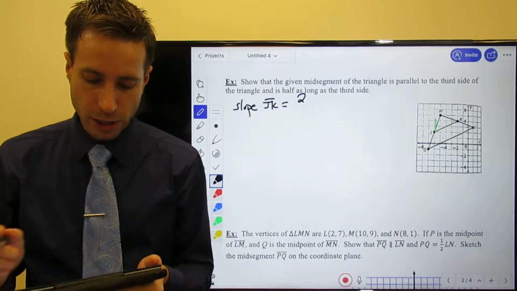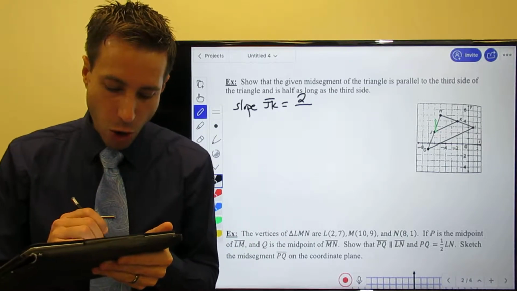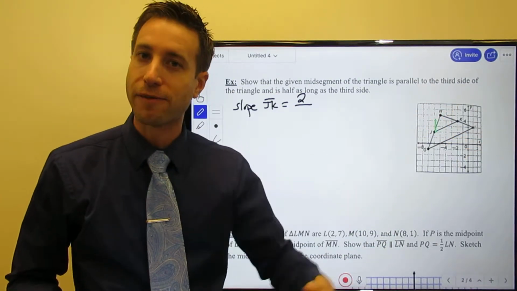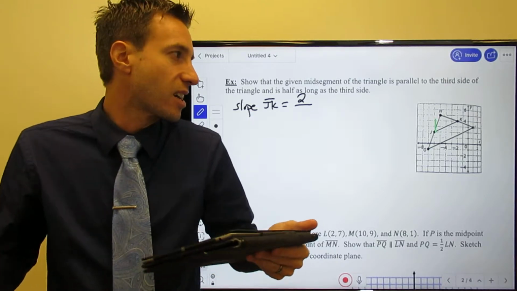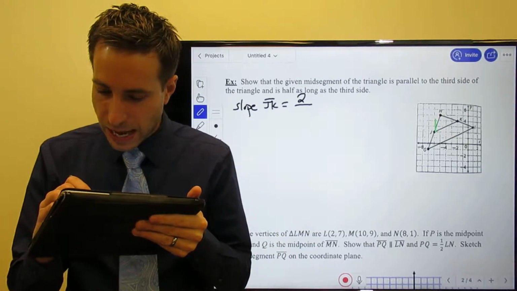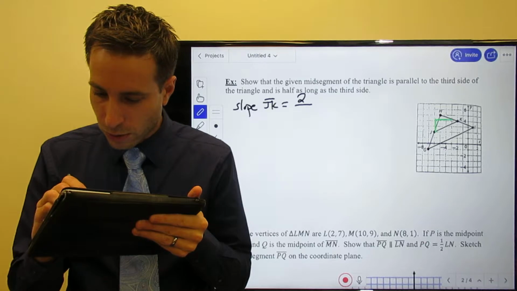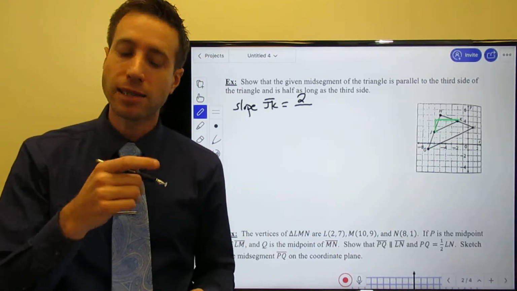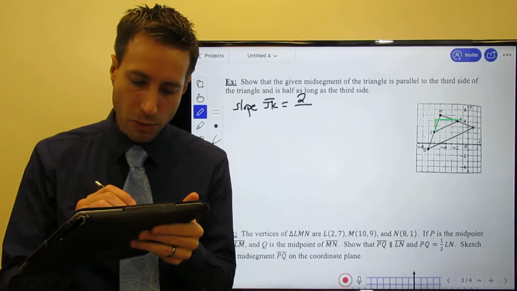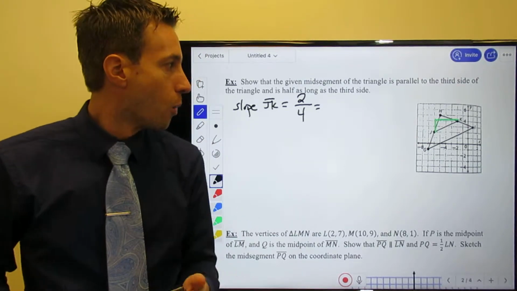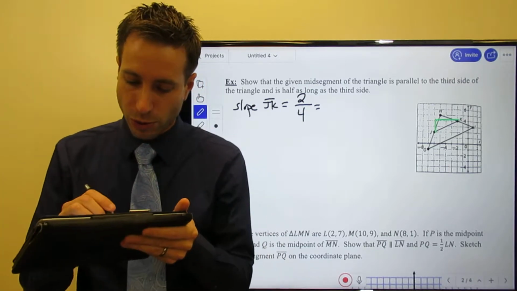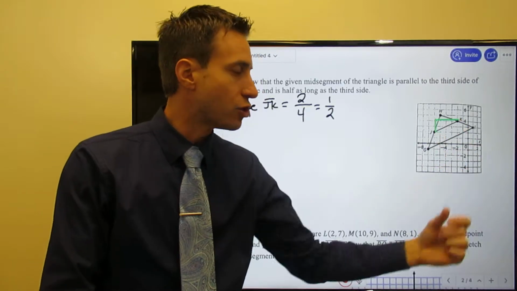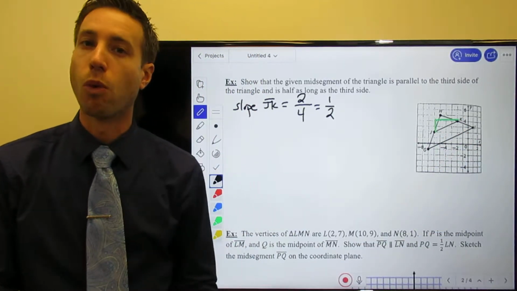Now I need to figure out how far horizontally I have to go to get to K. Again, it's on a coordinate plane, so you should be able to just count. 1, 2, 3, 4. I had to go 4 units in the positive direction horizontally, so my run is 4. Well, 2 over 4 will simply reduce to 1/2. What that tells me is that my mid-segment, JK, has a slope of 1/2.